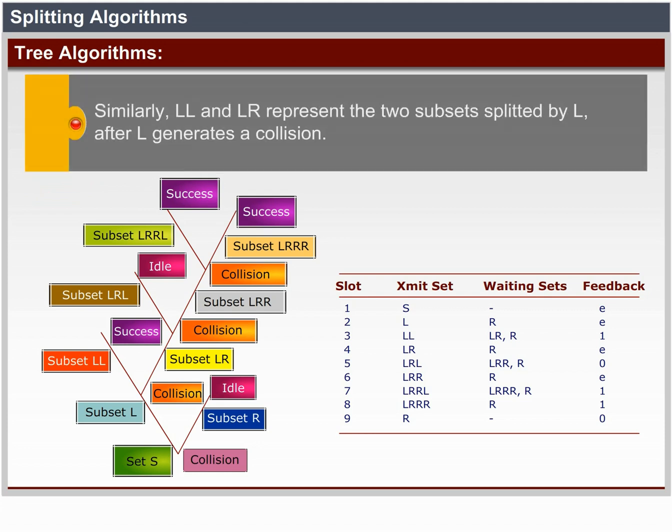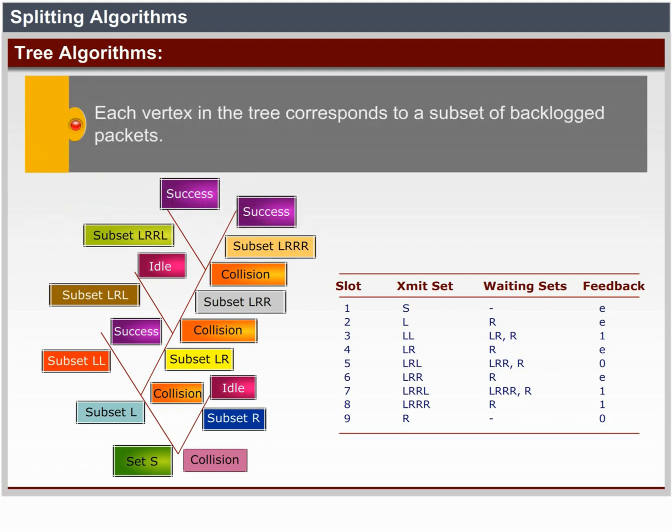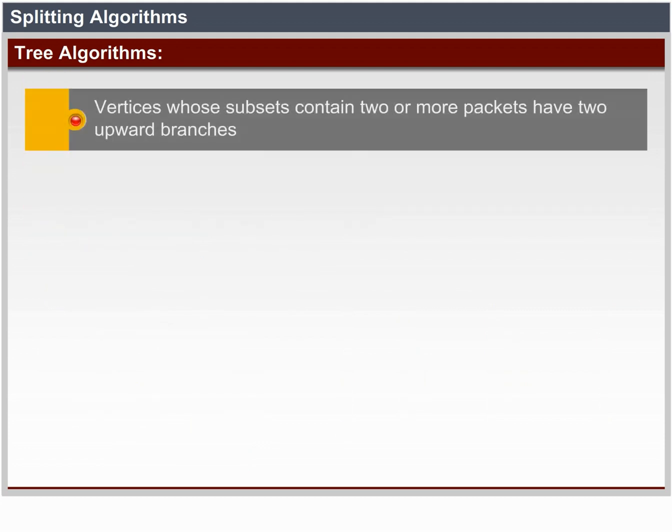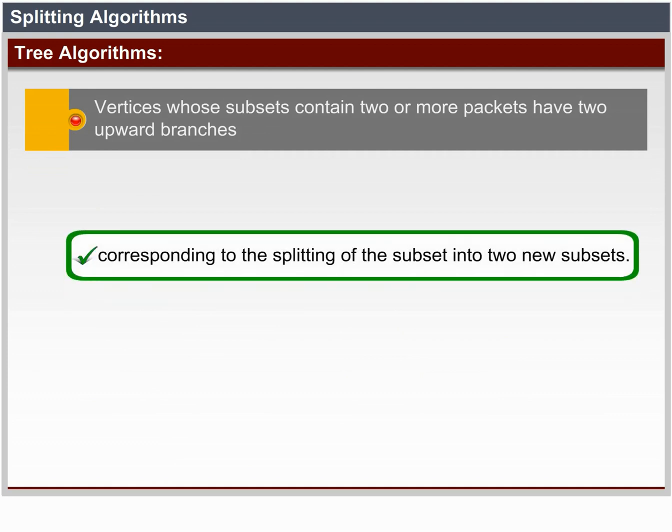Similarly, LL and LR represent the two subsets that L splits into after L generates a collision. Each vertex in the tree corresponds to a subset of backlogged packets. Vertices whose subsets contain two or more packets have two upward branches corresponding to the splitting of the subset into two new subsets.